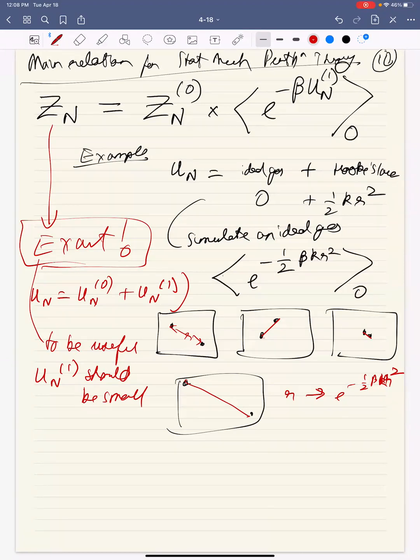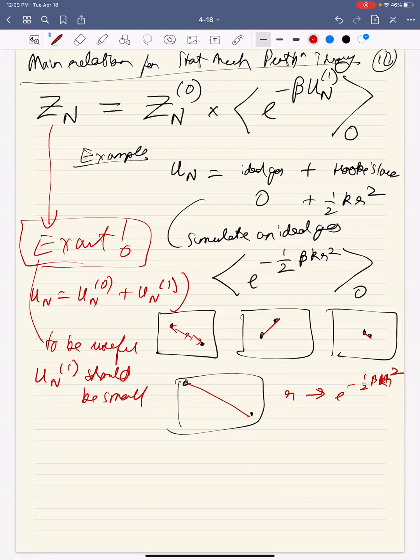That's why it won't converge, right? Let's set beta equal to 1, some inverse temperature. If U_N1 is 10, what is e to the power minus 10? Some really small number. If U_N1 is 100, e to the power minus 100 is a really, really small number. Try doing it in MATLAB. You will just get computer zero errors. It won't work. So Zwanzig's relation is exact, but is useful only if you have small perturbations.